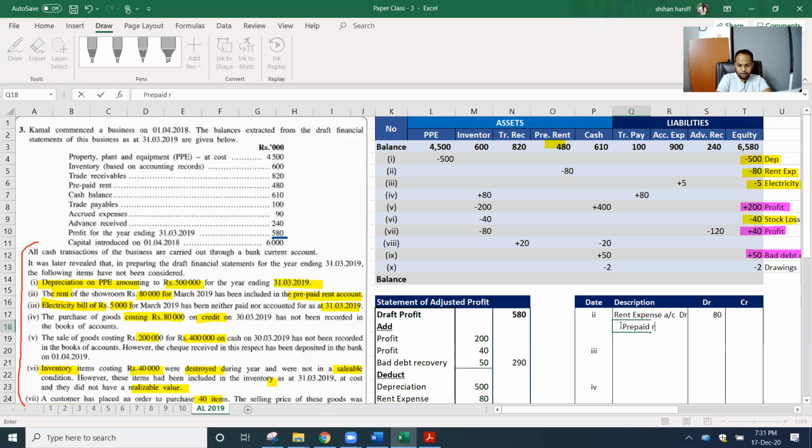Prepaid rent account is credit 80,000. So you can say correction of recognizing the rent expense for the month of March.